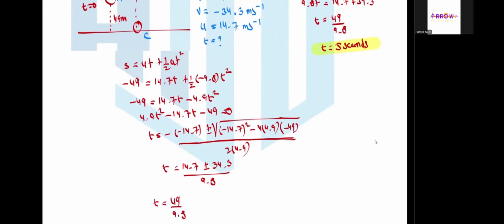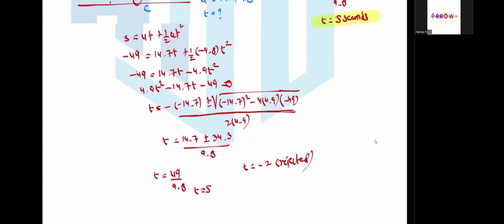First we have a positive value, which is t is equal to 5, and the other one is going to be a negative value, which will be rejected since time cannot be negative. So t is equal to minus 2 will be rejected, and therefore the only acceptable value is t is equal to 5.